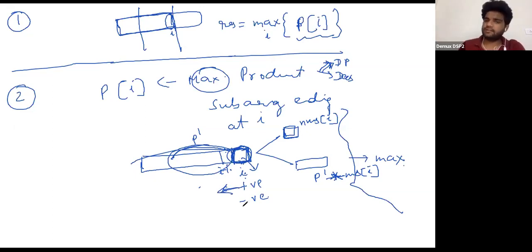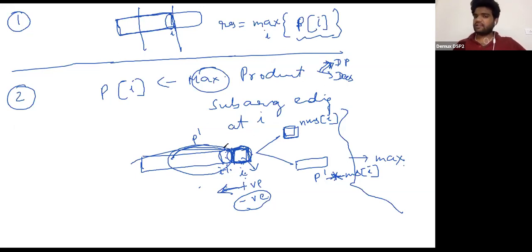Right? Others? Is this good so far? I have not taken the case of the negative, but other than that, is this good? So now let's take the case that nums I is negative. If it is negative, can you say that whatever maximum product subarray I get ending at I minus 1, I can multiply that by nums I and get a maximum product subarray ending at I of length more than 1?